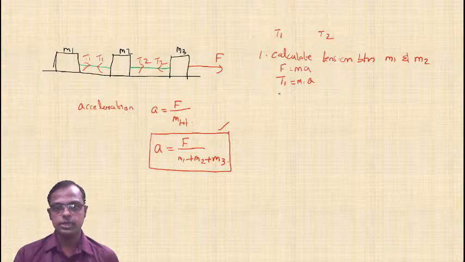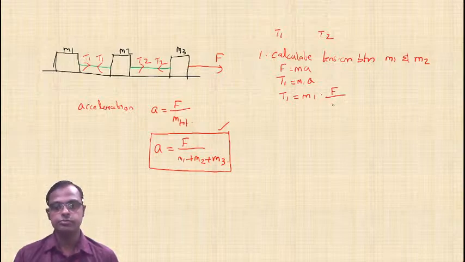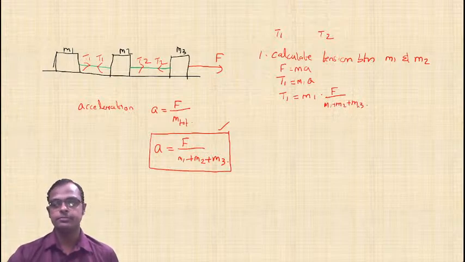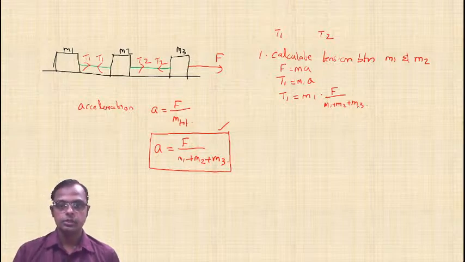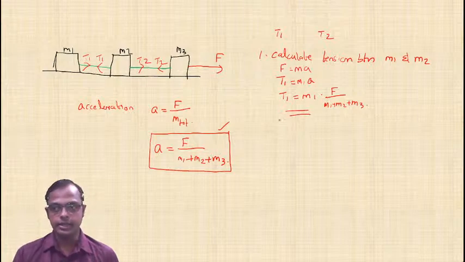So the equation for T1 is T1 equals M1 into F divided by M1 plus M2 plus M3. Got it? So this is the tension acting between M1 and M2.